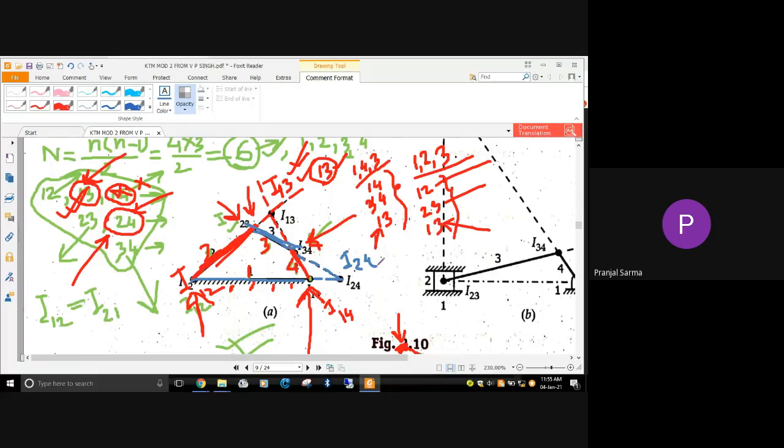After that, you can use Kennedy's theorem properly. Kennedy's theorem states that three bodies, if they have got plane motion, then the three instantaneous centers between them will lie on the same straight line. That is the law, and this particular concept we are going to utilize. So that is how we have found out the different instantaneous centers for this kind of cases.